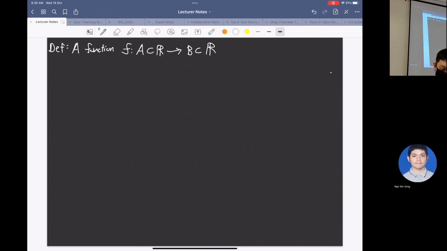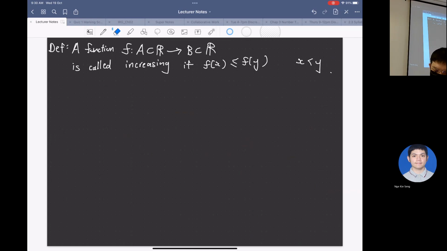So this function is called increasing if f(x) is less than or equal to f(y) for every x less than y. I'm a bit lazy here, maybe I just say whenever x less than y.